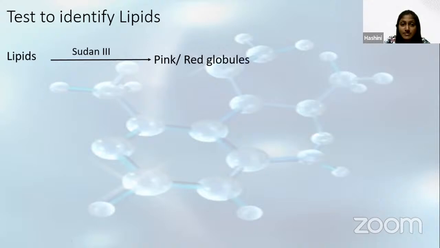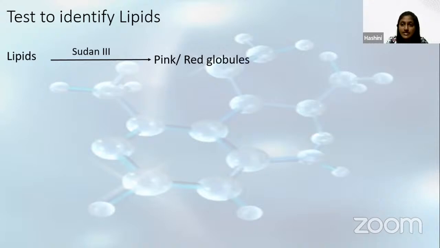So what color change happens when lipids are present, using the Sudan 3 reagent? It will give pink or red globules, right? For example, let's say we get coconut oil or take a groundnut oil solution, and then add Sudan 3.